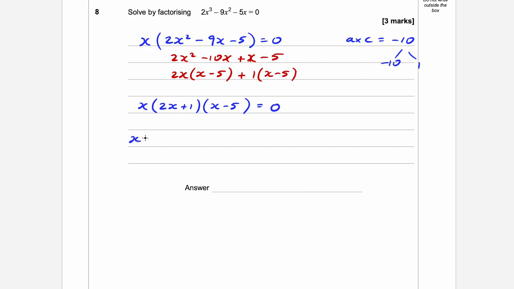Therefore, x equals 0, 2x plus 1 equals 0, or x minus 5 equals 0. This one's just 0. This one is negative 1 over 2. And this one is just 5. Okay, 1, 2, 3 solutions.